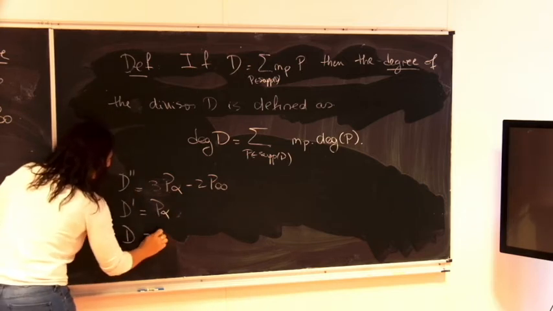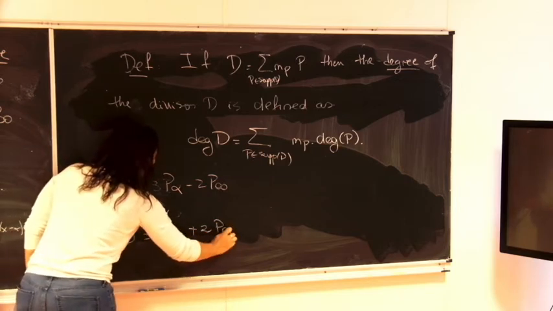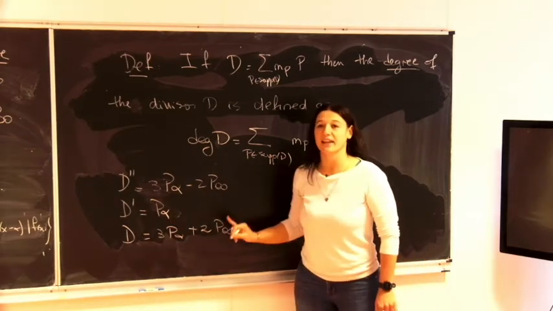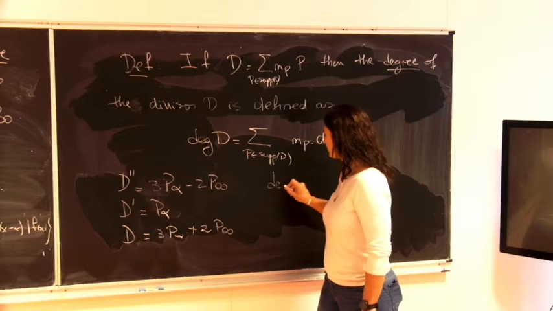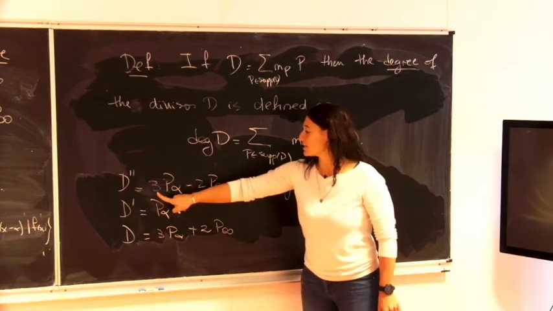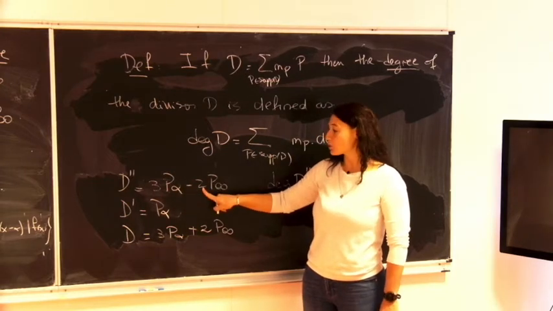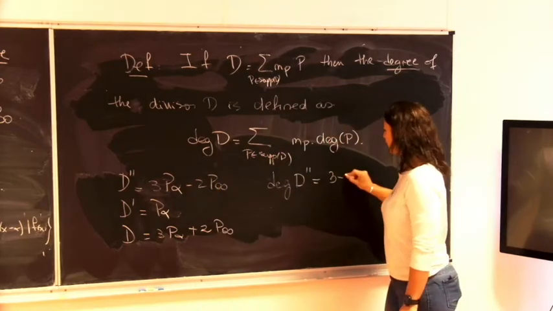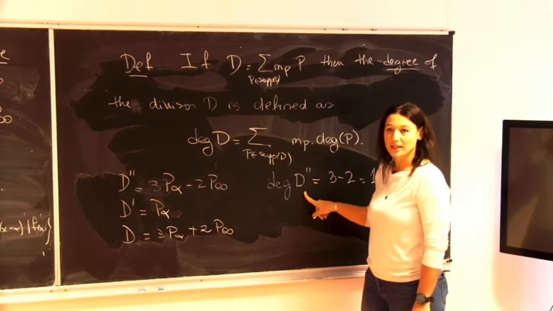And D was 3p alpha plus 2p infinity. So the places here are all degree 1 places. So the degree of the second is going to be 3 times the degree of this place, which is 1, minus 2 times the degree of this place, which is also 1. So I have 3 minus 2, which is 1. This is a degree 1 divisor.